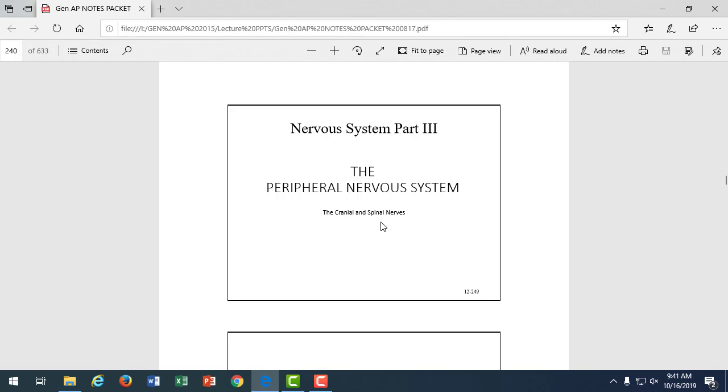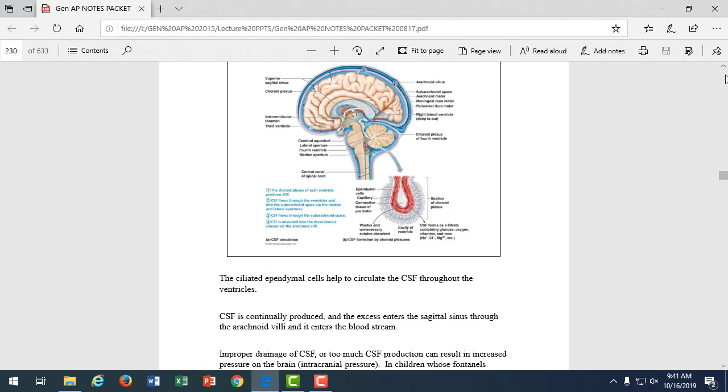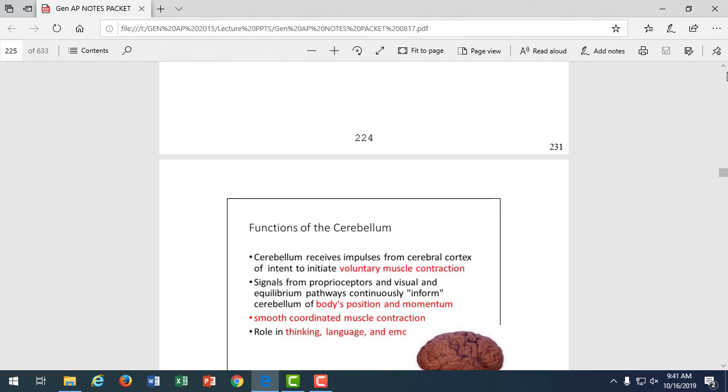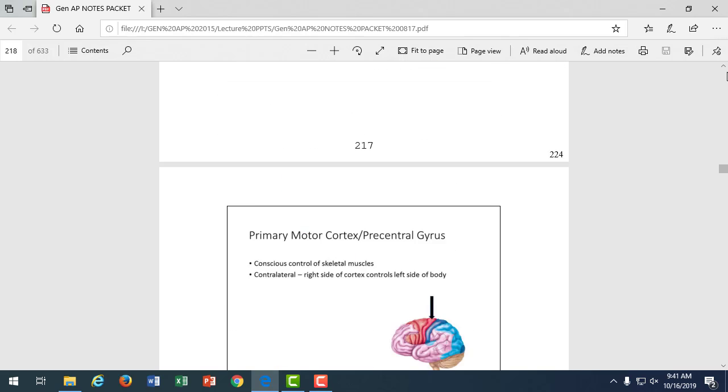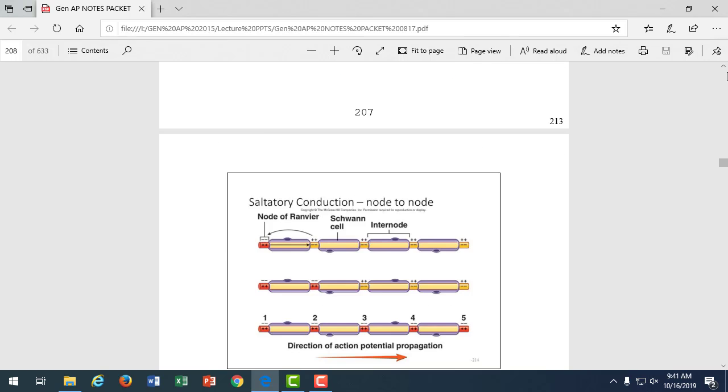Question? Yes, because in the beginning of the notes on the nervous system, remember we had that flow chart, which was looking at how the nervous system is organized. So let's go back and just refresh our memory on that.